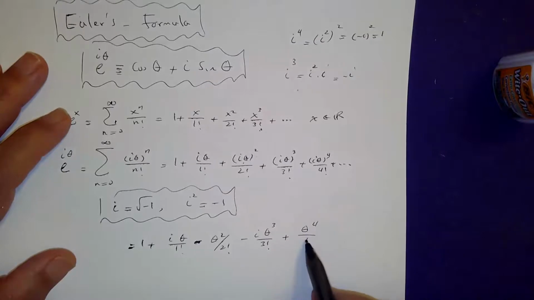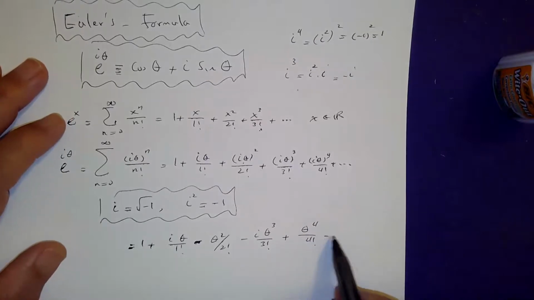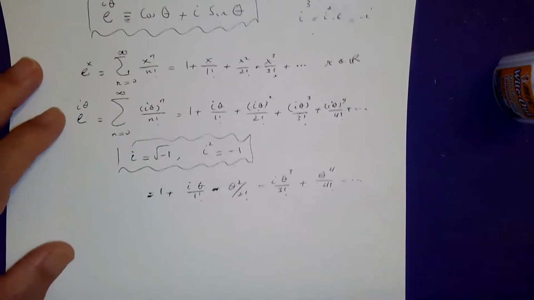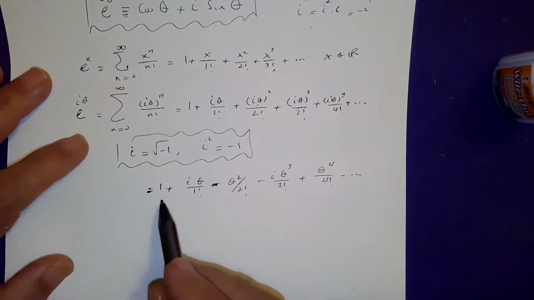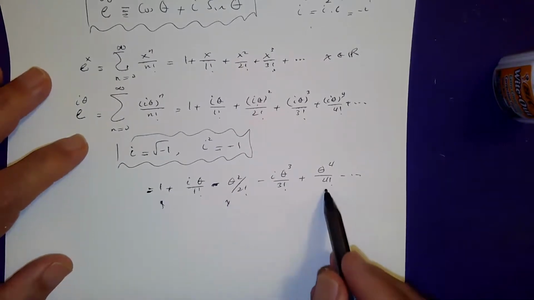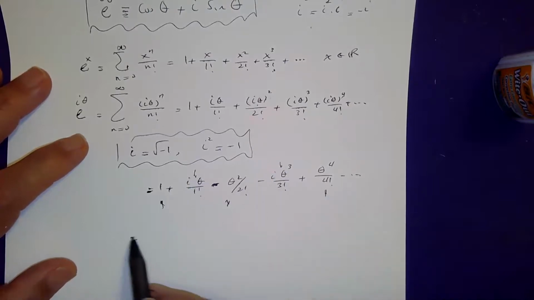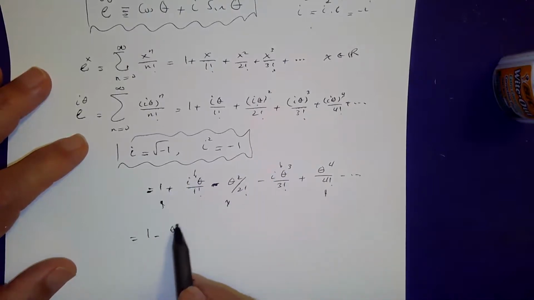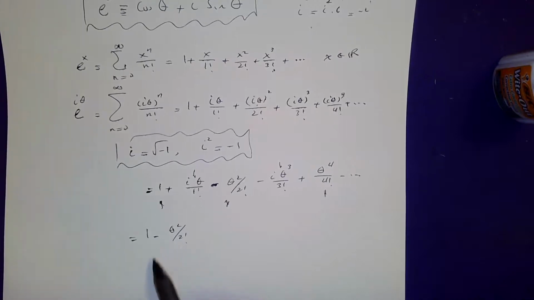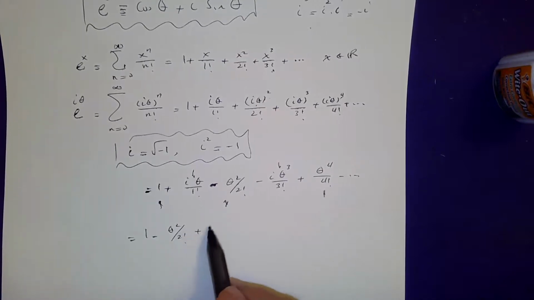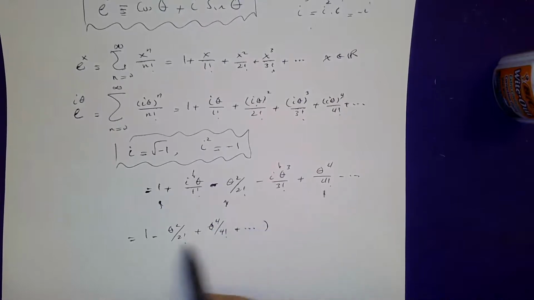So you get theta to the 4 over 4 factorial. And it goes, and the signs alternate. So these are real numbers, but these are imaginary. So let's regroup this. Write it as 1 minus theta squared over 2 factorial plus what? Theta to the 4 over 4 factorial, dot, dot, dot.